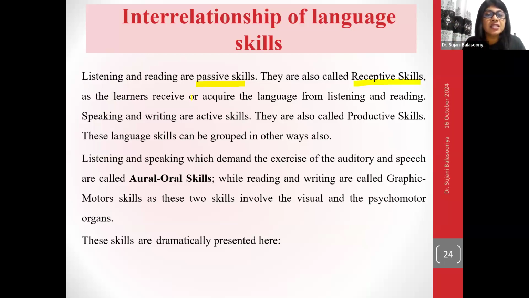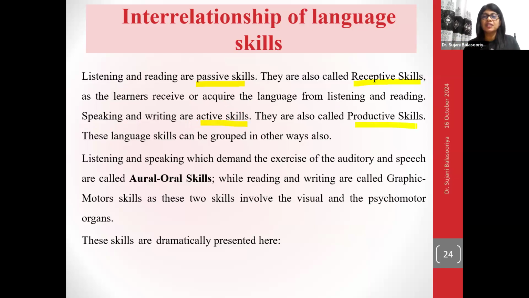As the learners receive or acquire the language from listening and reading, right? Then on the other hand, when you talk about speaking and writing, they are active skills, also called productive skills. Because you produce language on your own. You need to think, you need to combine utterances, combine words, you need to form words, then combine these words together to form phrases and sentences with meaning.